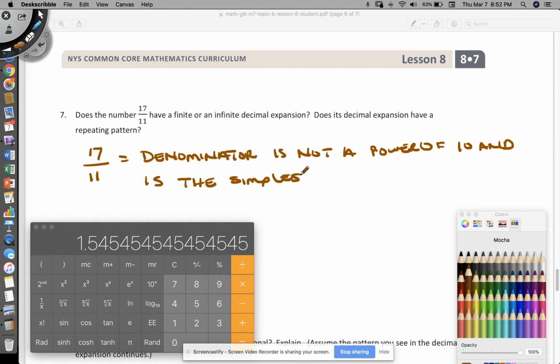So I couldn't even reduce this fraction if I wanted to. It's already in the simplest form because both numbers are prime. So our final answer here is it is infinite because of that repeating decimal. All right, let's go on to the next one.